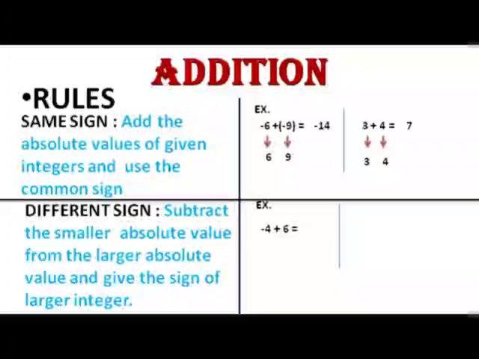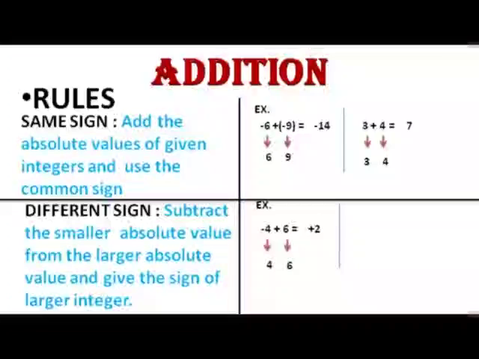Both the integers have different signs. Now the absolute values of the respective integers are 4 and 6. So we have to subtract 4 from 6 and give the sign of the bigger number, that is plus. So the answer will be +2.